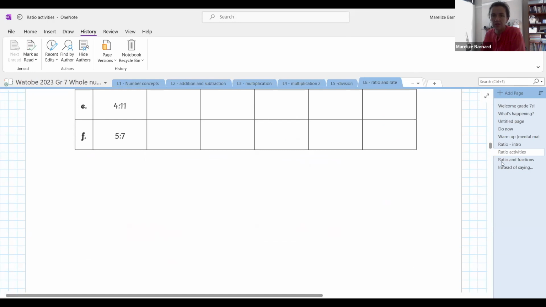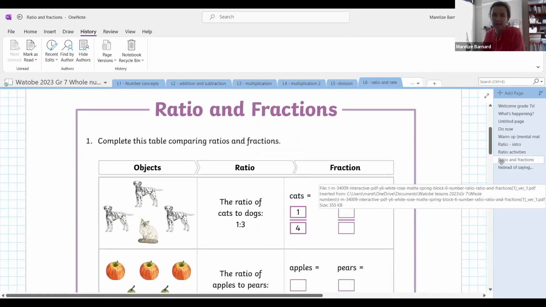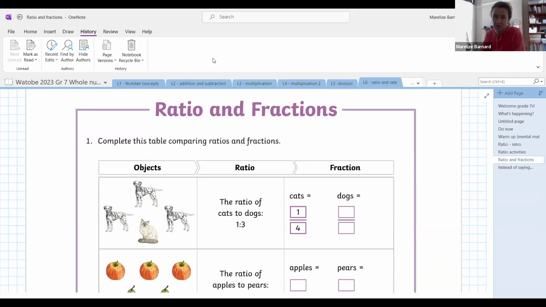Okay, and then lastly, we can write ratios as fractions. After next week, we're going to do exponents, and then we are going to dive into fractions. Okay, so let's look at this. We've got the doggies again. So there's 3 of them and a cat. So the ratio of cats to dogs is 1 to 3.